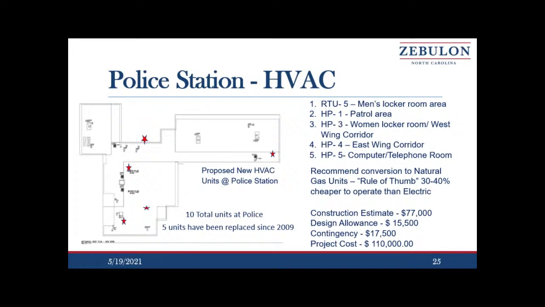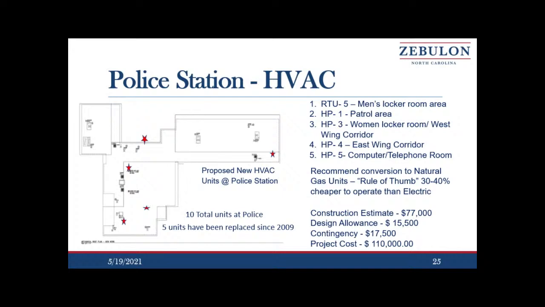One of the things we are going to do to try to improve efficiency of these units is transition to gas. We have gas on Church Street, and the rule of thumb is that gas will save you over electricity 30 to 40%. So we think this is a good recommended investment long term. We will also, as we go past these five units, knowing there's five more, size the line appropriately so that when we go to a change out, it's just a matter of making that connection at that time.